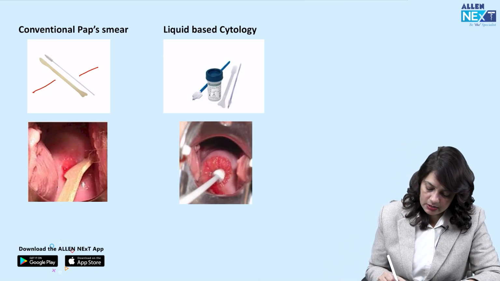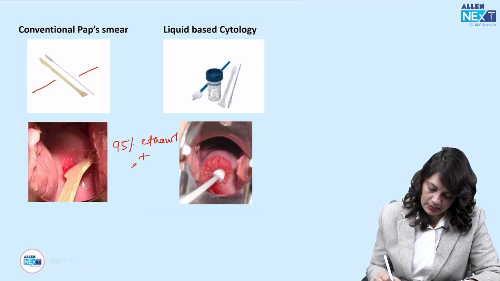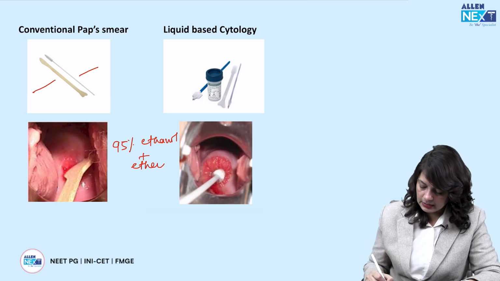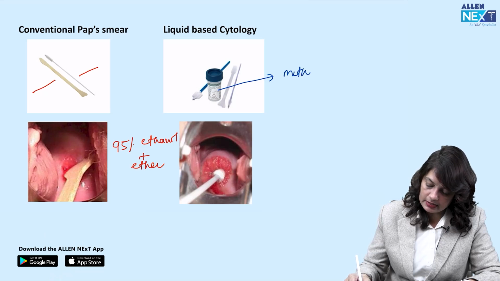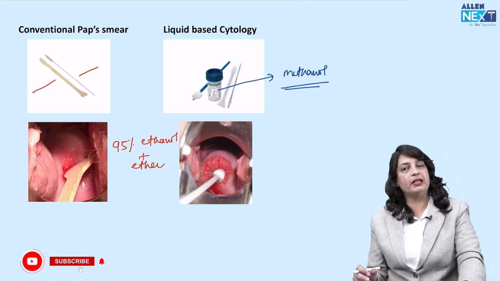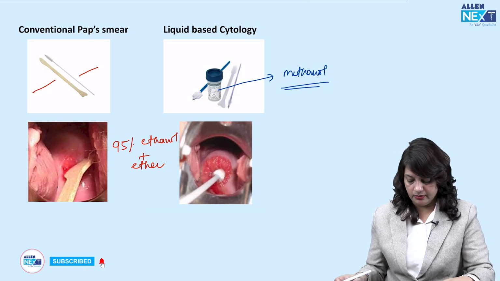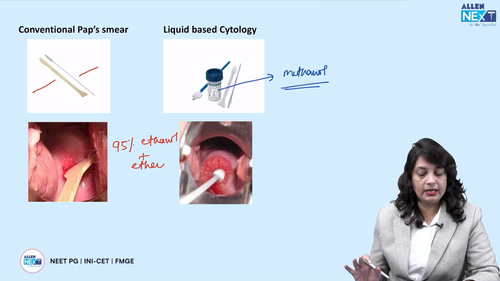You use a fixative material, that is 95% ethanol plus ether. There is also liquid based cytology, where there is methanol. If you compare the results, liquid based cytology is much better. Fine. So pap smear is a screening test.